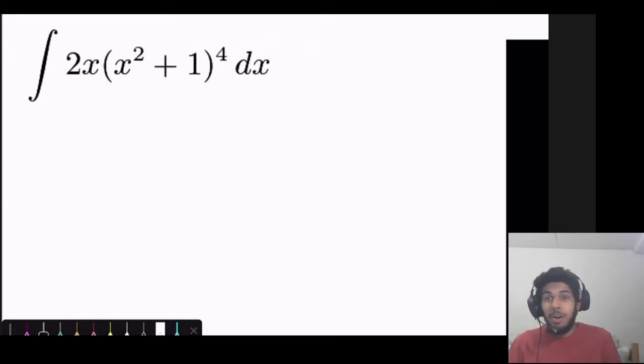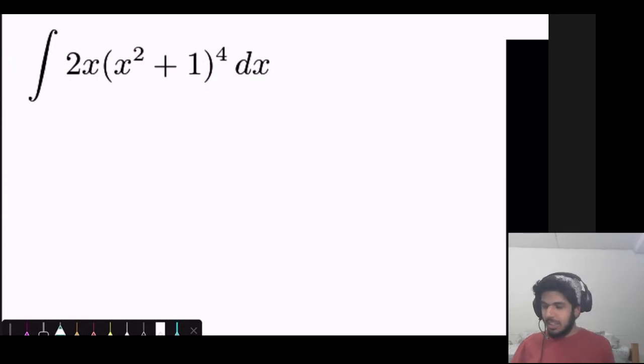We know how to integrate that. That would just be a bunch of power rules. But what if this was to the 7th power, or to the 10th power, or to the 125th power? We don't have that kind of time to multiply that out. So we're going to use U-substitution. So the first step is choosing a good u.